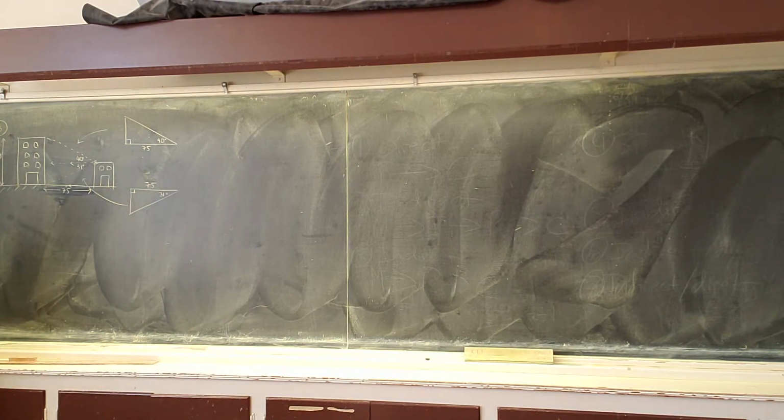And do you see how the 75 serves as the base for both triangles? That's a given. You don't even have to guess this. It's not even an assumption, it's a given. It's obviously true, these two are parallel. We're going to make the assumption that the buildings are straight. It's not curved or anything.